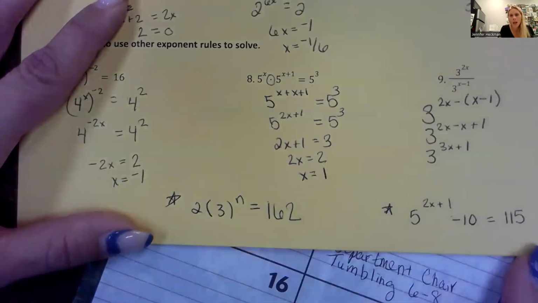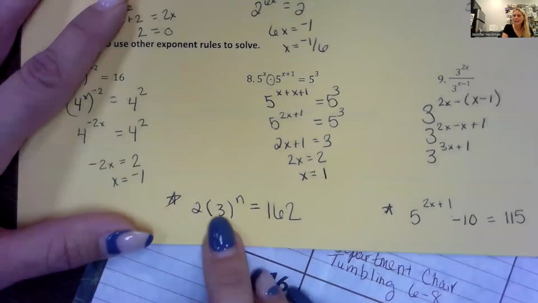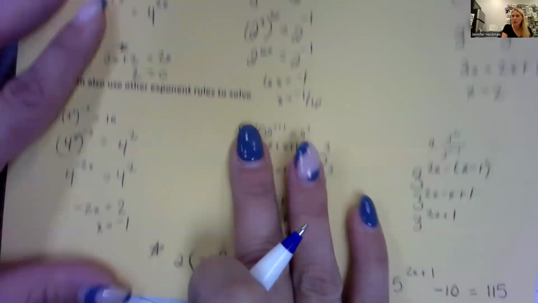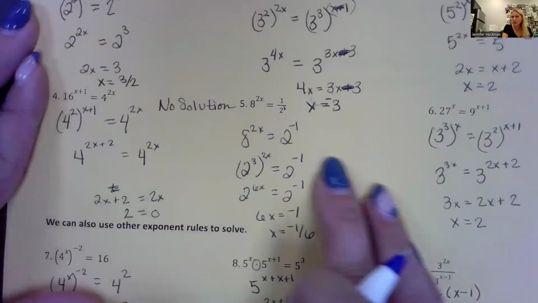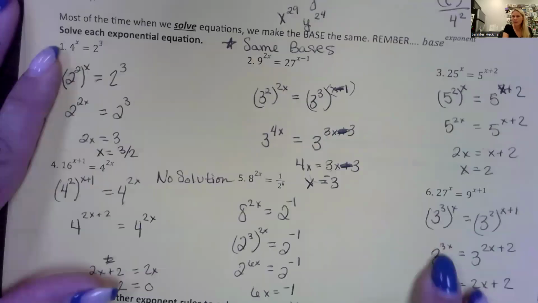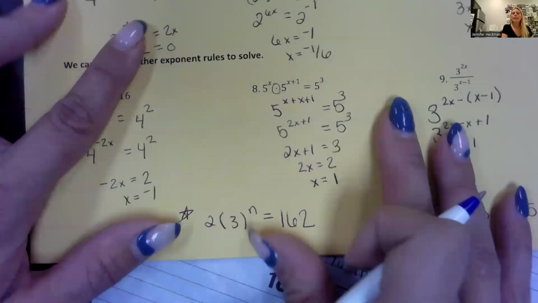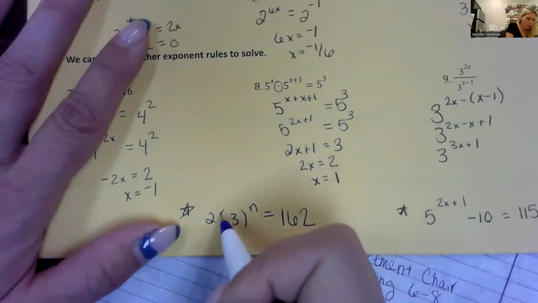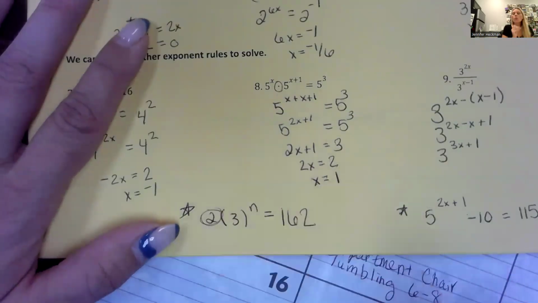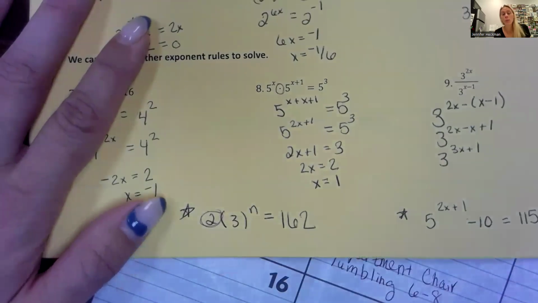And there's a reason. I can't change the base until the base is by itself. Every time I changed the base before, the base was by itself to an exponent. Here we have an extra 2 right here. What is the 2 doing? It's multiplying.